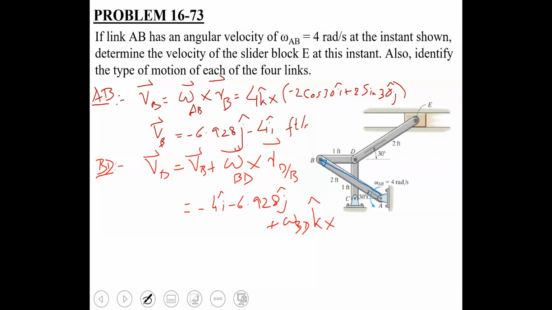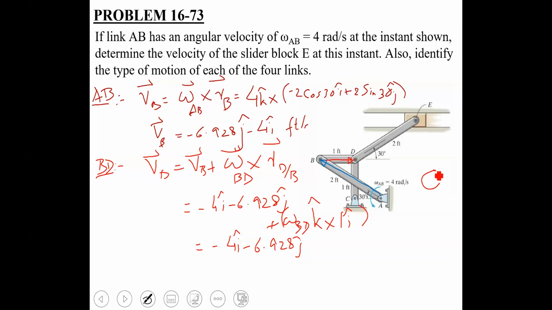cross what is RDB? 1i. It would have a magnitude of 1 foot, and its direction is towards the positive x-axis, so we can write it as 1i. So this is going to be omega cross R. Once you simplify it, it would become minus 4i minus 6.928 j.